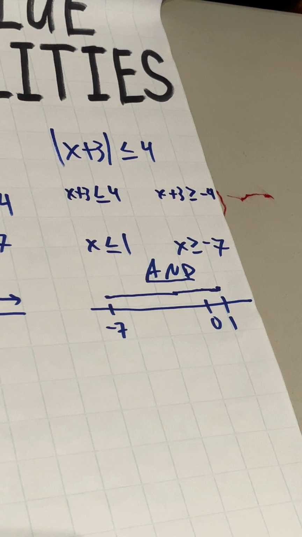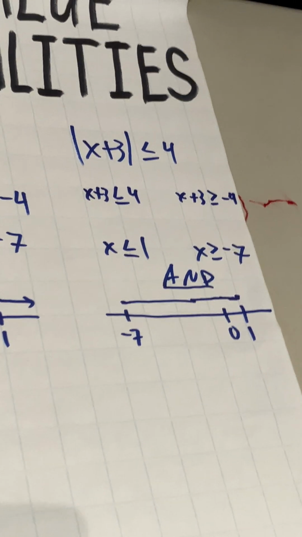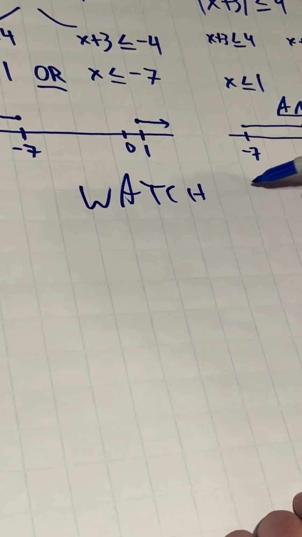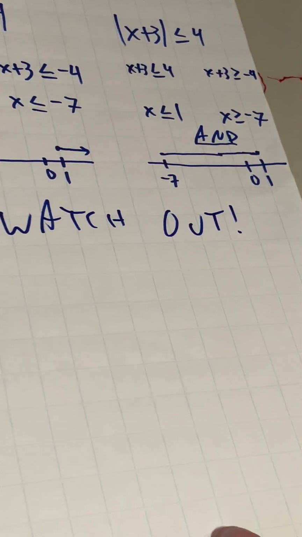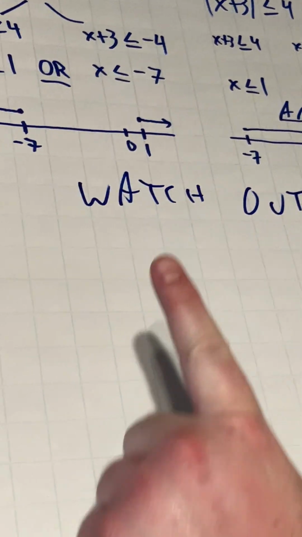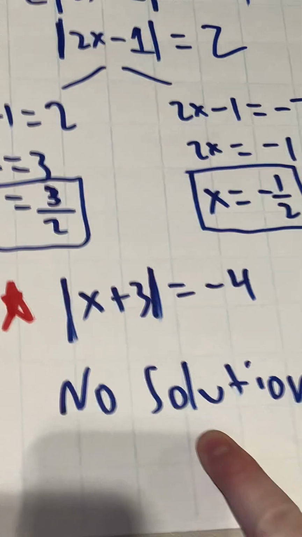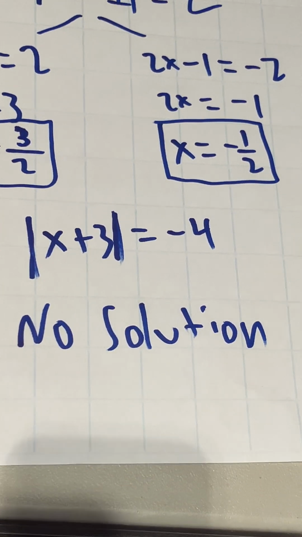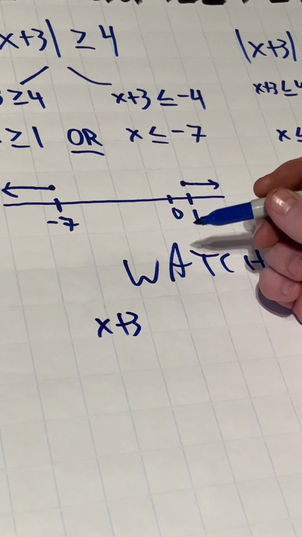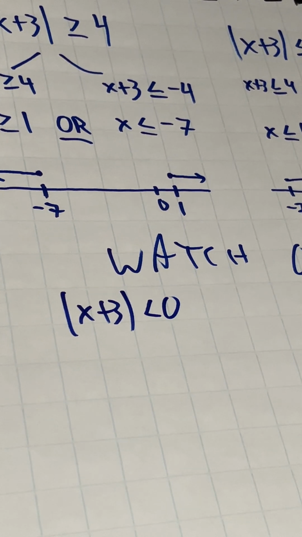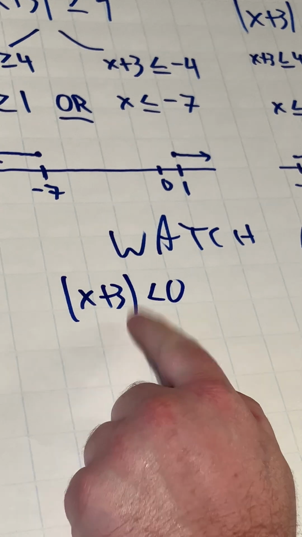Now, one thing that you need to watch out for, similar to what we talked about down here, where this can't equal a negative number, with inequalities, I can't have anything that looks like this, for instance.